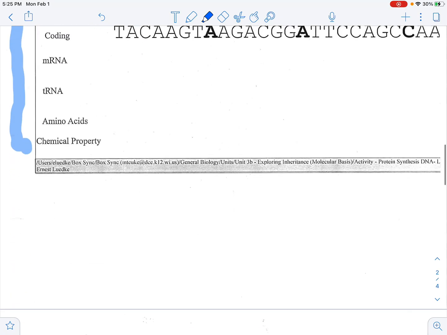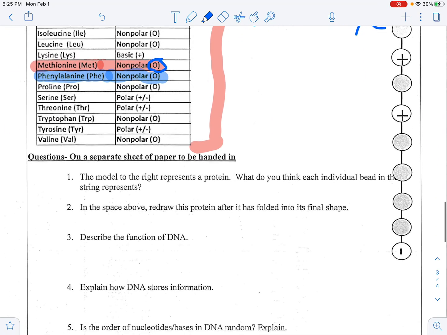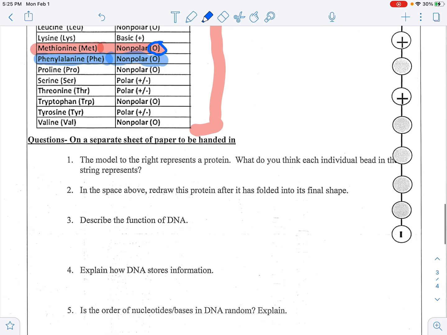Then once you're done with that, you should do these questions. Usually I get some questions about this one: in the space above, redraw this protein after it has folded into its shape.